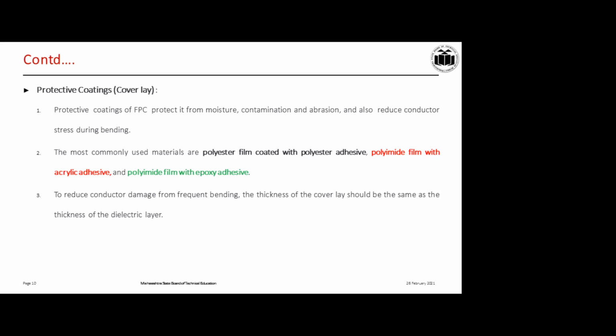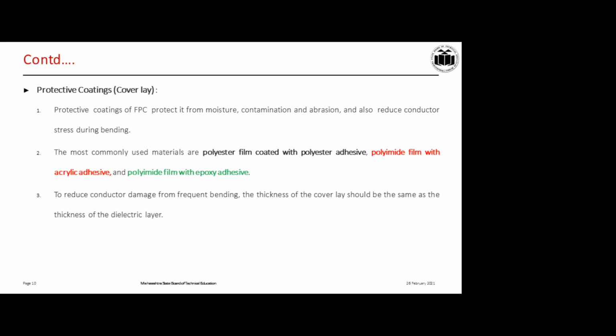As the name suggests, it protects the conductor layer from moisture, contamination and corrosion. We use this protective coating also to reduce the conductor stress during bending. The most commonly used materials for this protective coating are of three types. One is a polyester film coated with polyester adhesive. Second, polyamide film with acrylic adhesive.